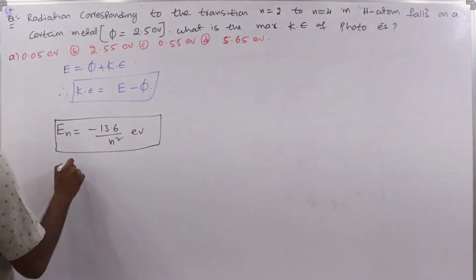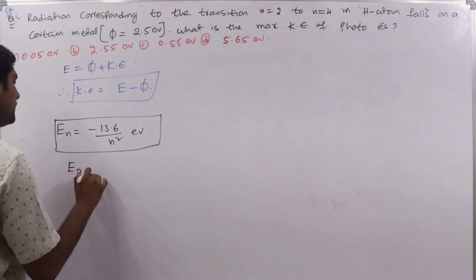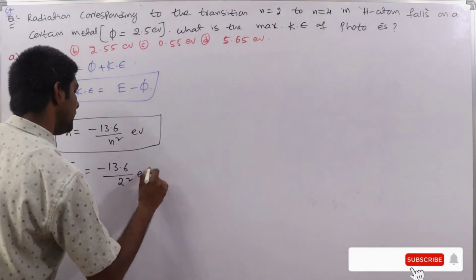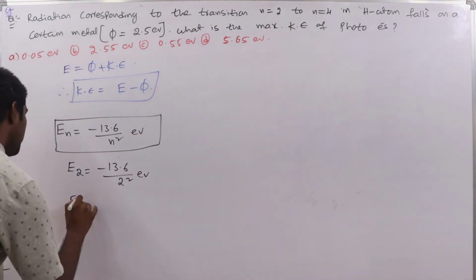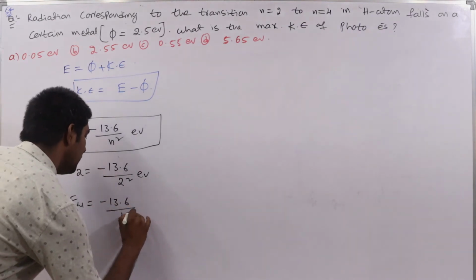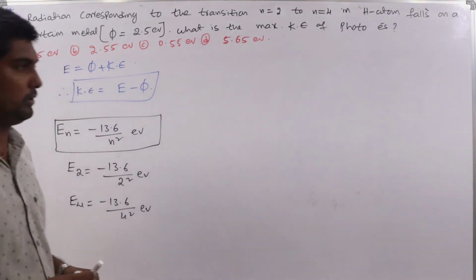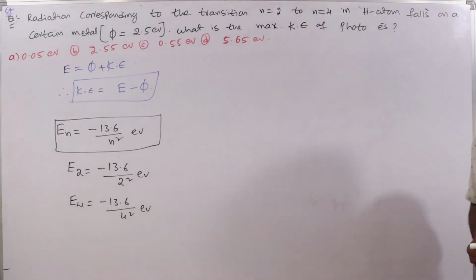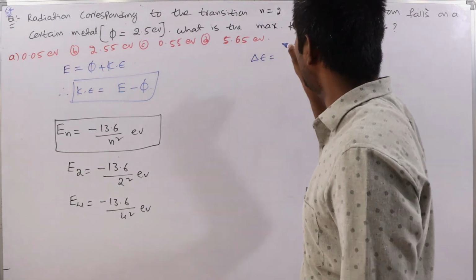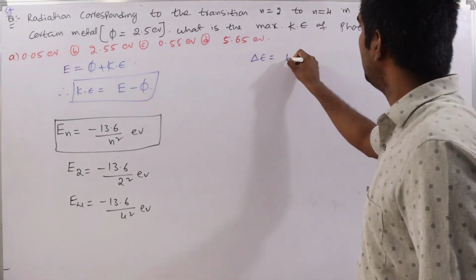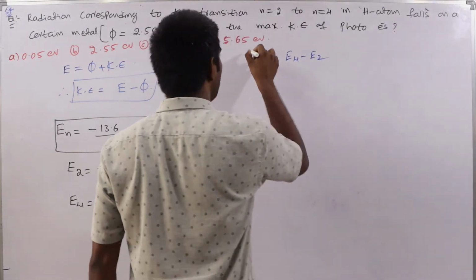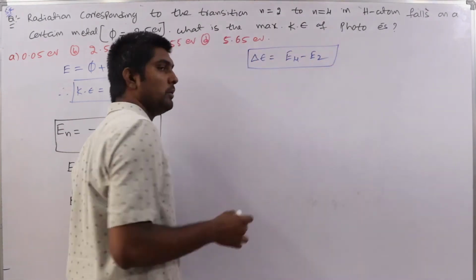From this, E2 is equal to minus 13.6 by 2 square electron volt, and E4 equals minus 13.6 by 4 square electron volt. Clear? Now delta E is equal to E4 minus E2.